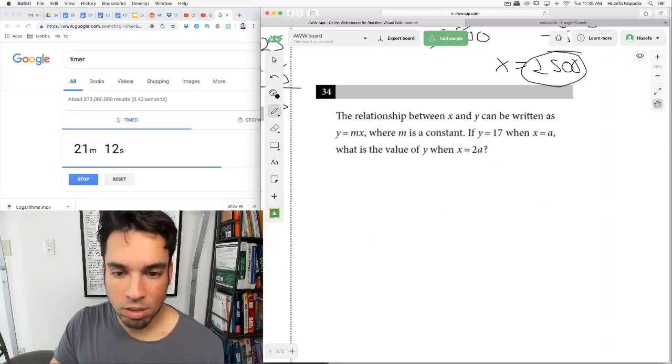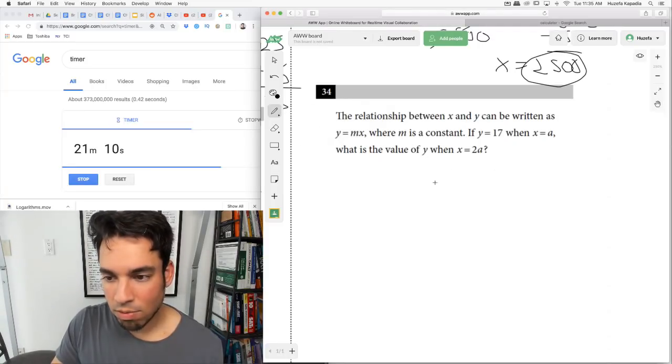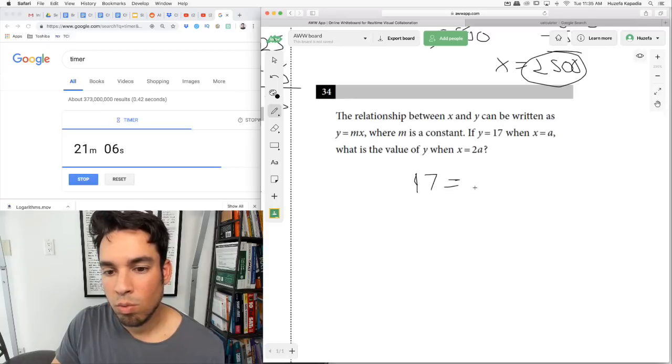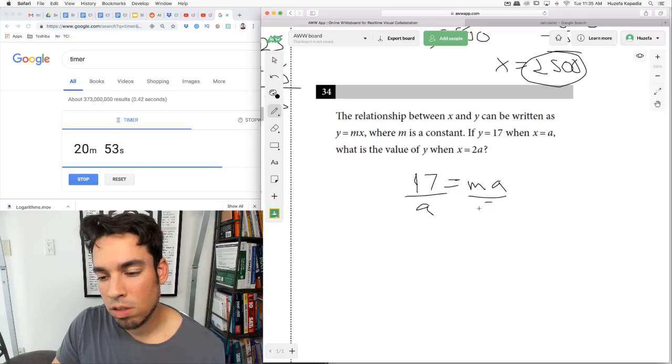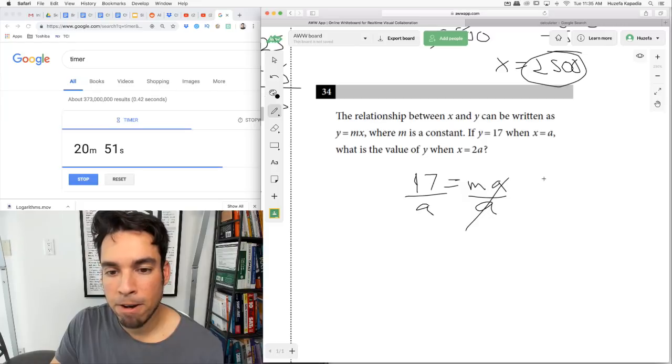The relationship between X and Y can be written as Y equals MX. If y equals 17 when x equals a, okay. So therefore, m equals 17 over a, right?